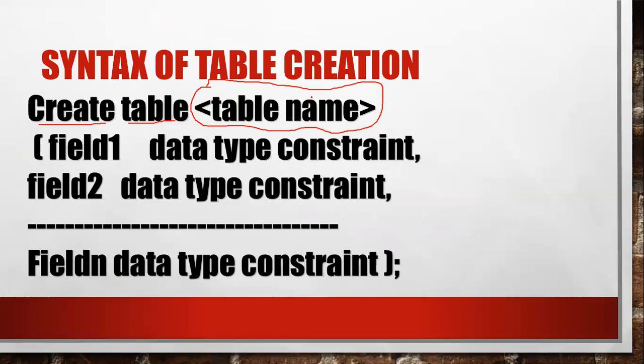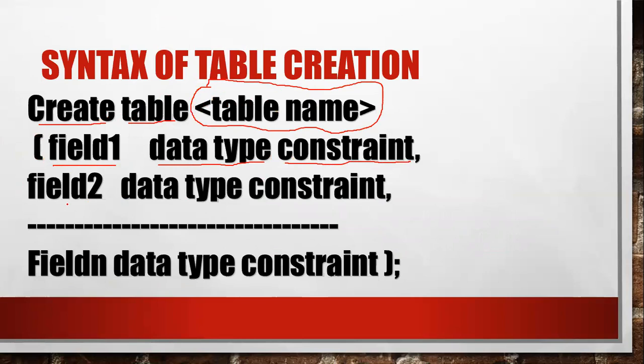So we write create table and the table name, then we put the bracket, and then one by one, first I specify the name of the first field, then the data type for that field, and if I want to set any constraint for it, then I write the constraint for it.